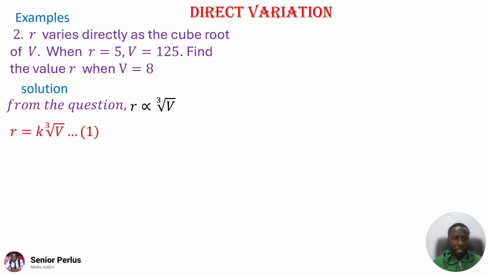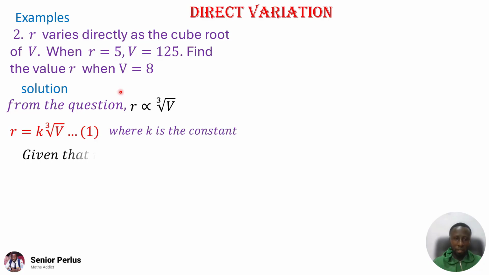R equals K times this. If you remove the variation sign, you have to introduce the constant, equals K. Very simple. From here, you have to solve for the constant first. You are given R equals 5, V equals 125.